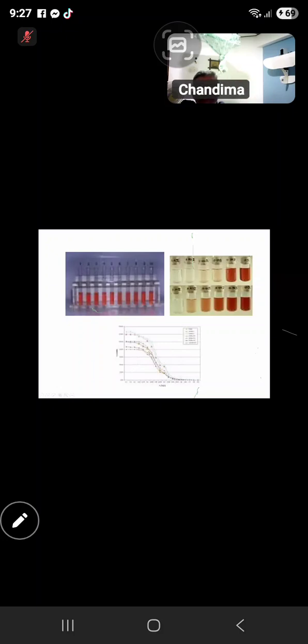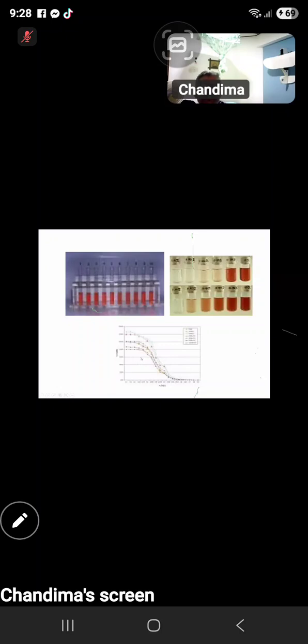If it is shifted to this side, it means the fragility is increased. It means what? The patient is having spherocytes. If the curve lies on the right side of the normal curve, the patient is having spherocytes in the circulation.